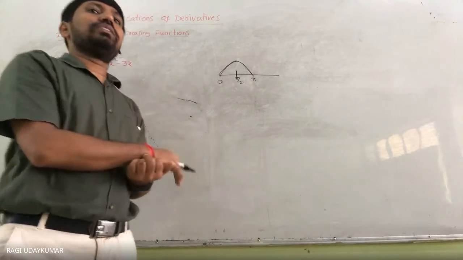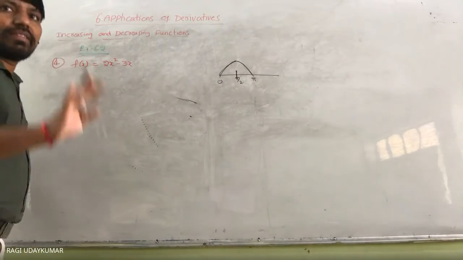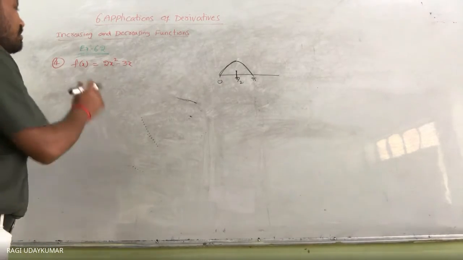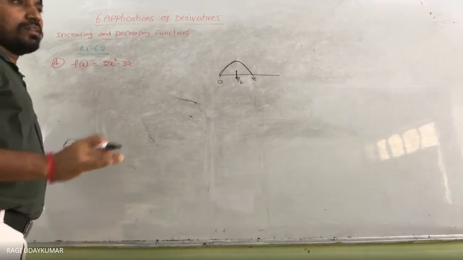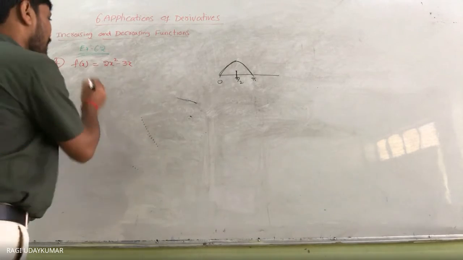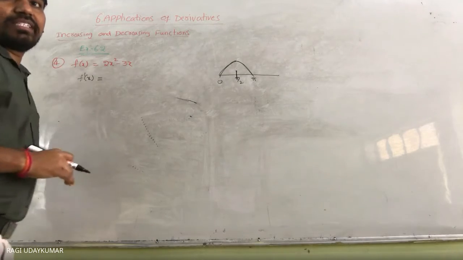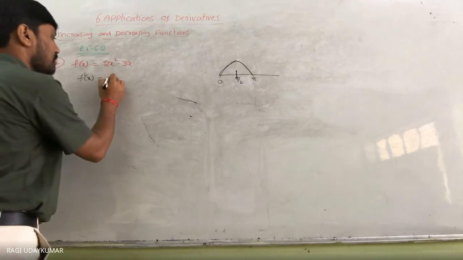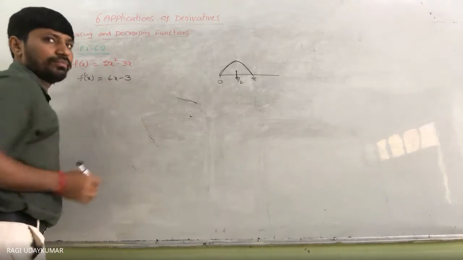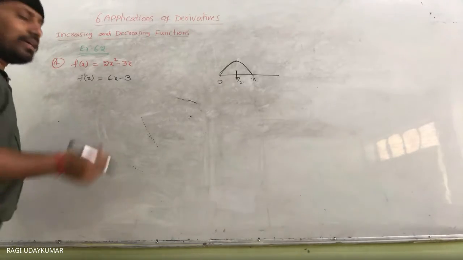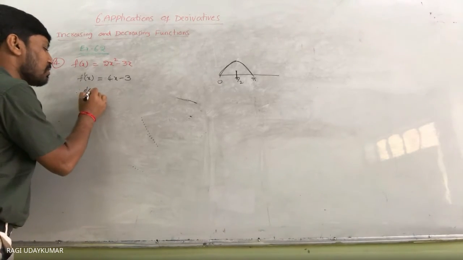So in this situation, how do we find it? The working rule for finding the interval is: whenever the function is given to you, find f dash of x. So what is f dash of x in this situation? It is 4x minus 3. And take f dash of x equal to 0.